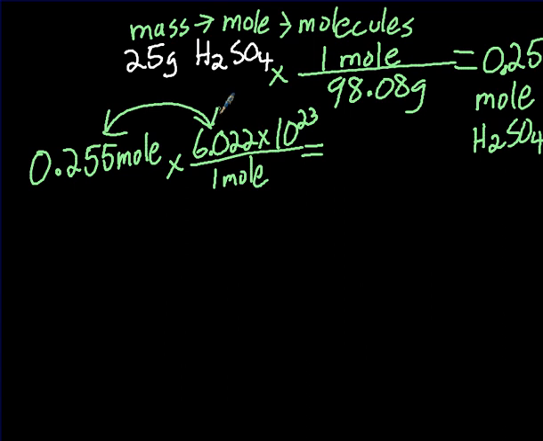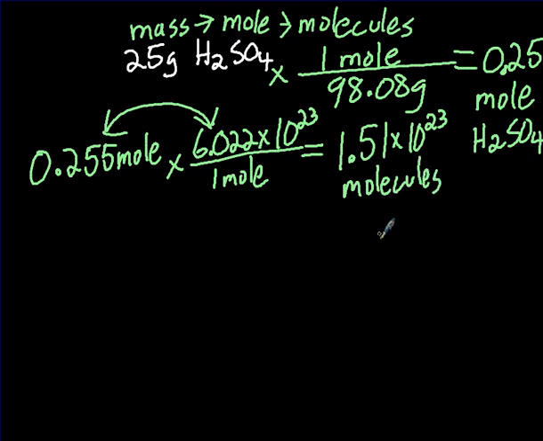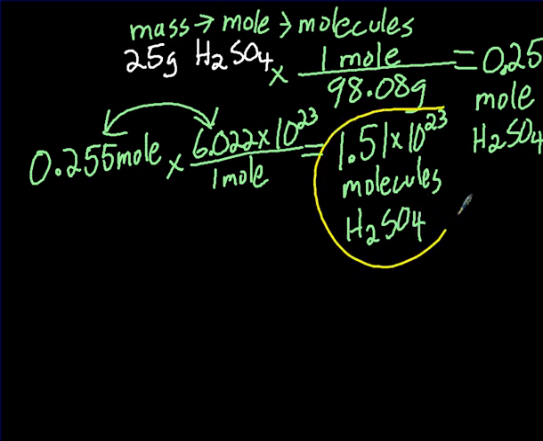If you multiply those two, you get 1.5, rounding up 1.51, and then carry over the exponent, so times 10 to the 23rd power. So that's your molecules of H2SO4. There's your answer right there.